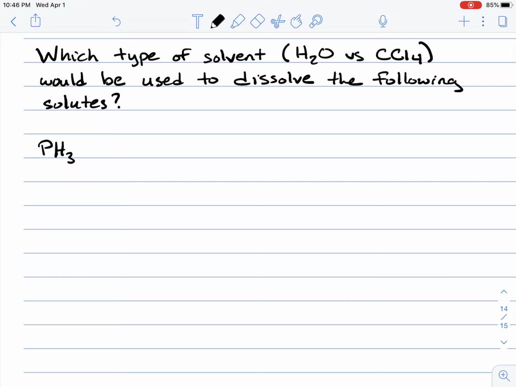And so before we determine the polarity of PH3, let's go ahead and determine the polarity of H2O and CCl4. And so to do that, we're going to draw Lewis structures. Now, I'm not going to go through the steps to draw the Lewis structures. I'm just going to draw the final Lewis structure for each of these compounds. And so this is the Lewis structure of water.